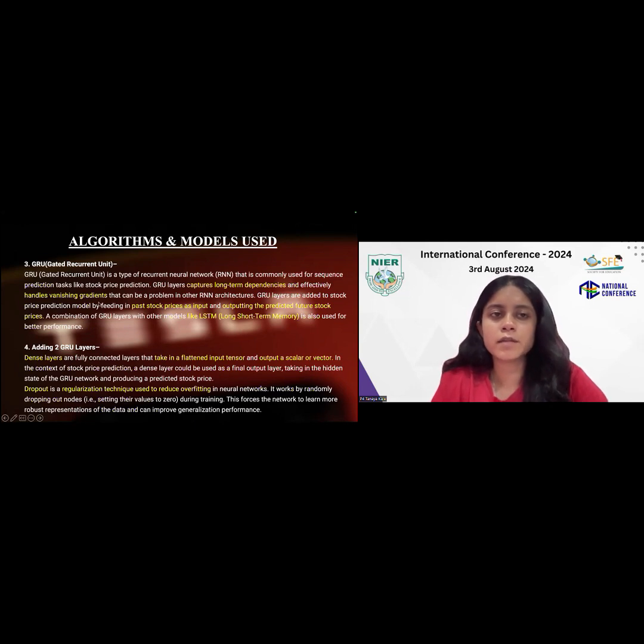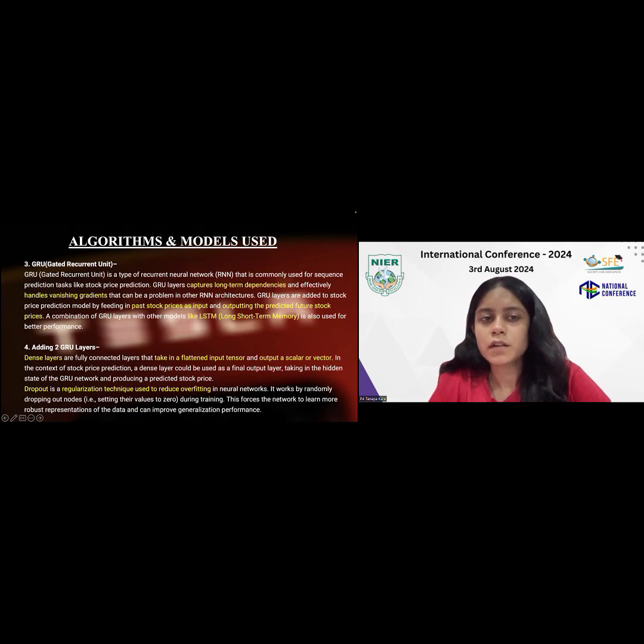Then the main model which is used is the gated recurrent unit. It is basically a recurrent neural network that is used for prediction tasks, and it captures long-term dependencies to handle the vanishing gradient problem, which is mostly present in RNN architectures.